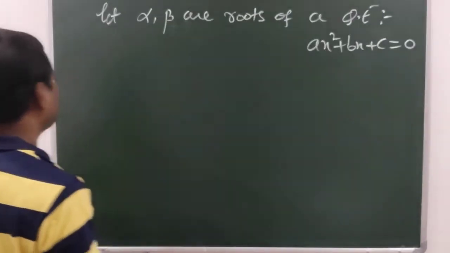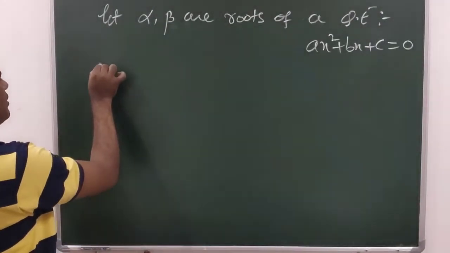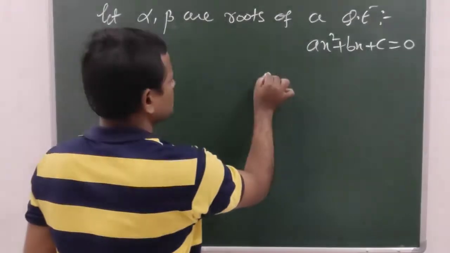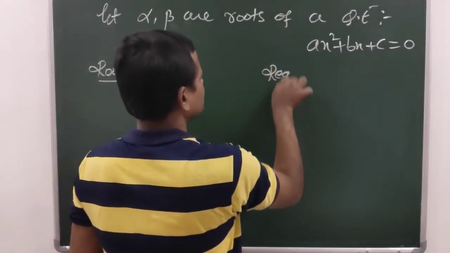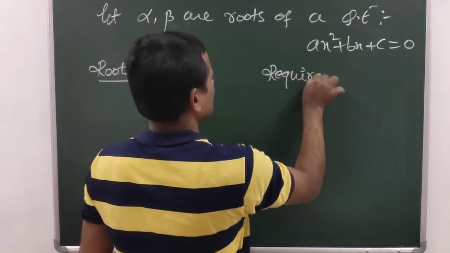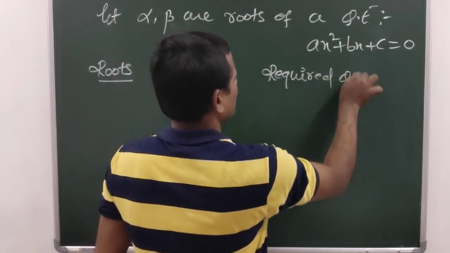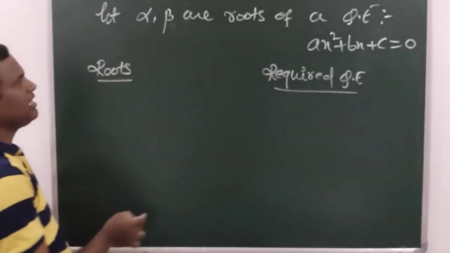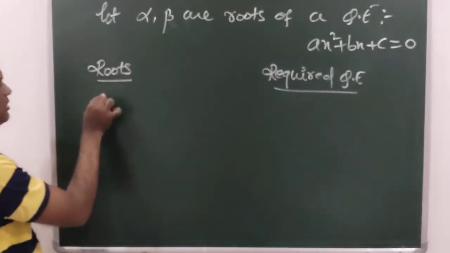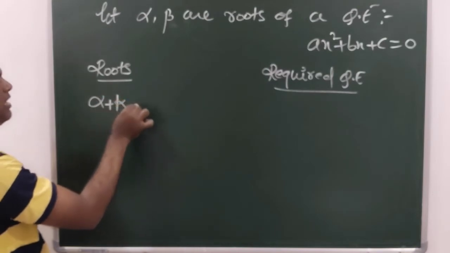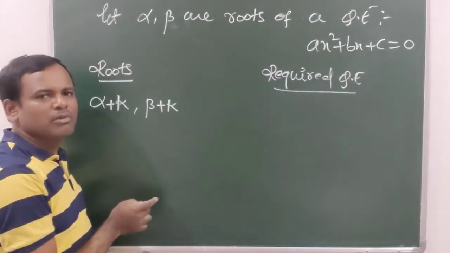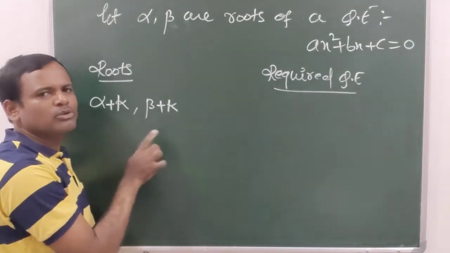Then you find a quadratic equation whose roots are increased by k of the roots of this equation, means alpha plus k comma beta plus k, where k is some constant, k is not equal to 0.